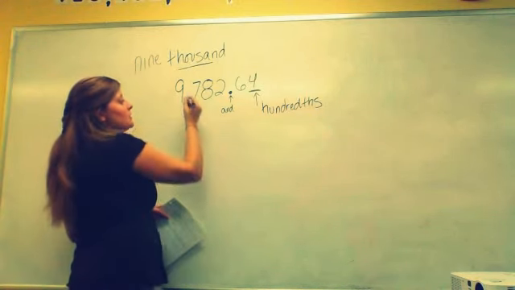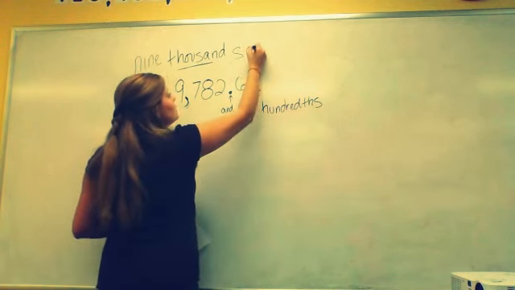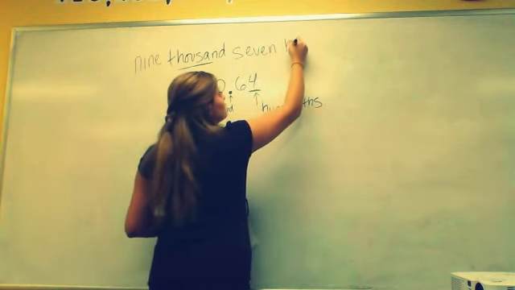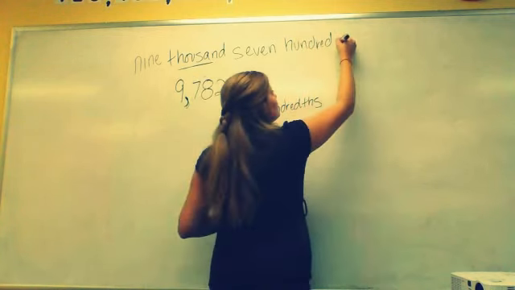So I've got 9,000. What do you know? There's a comma. 700. $82.